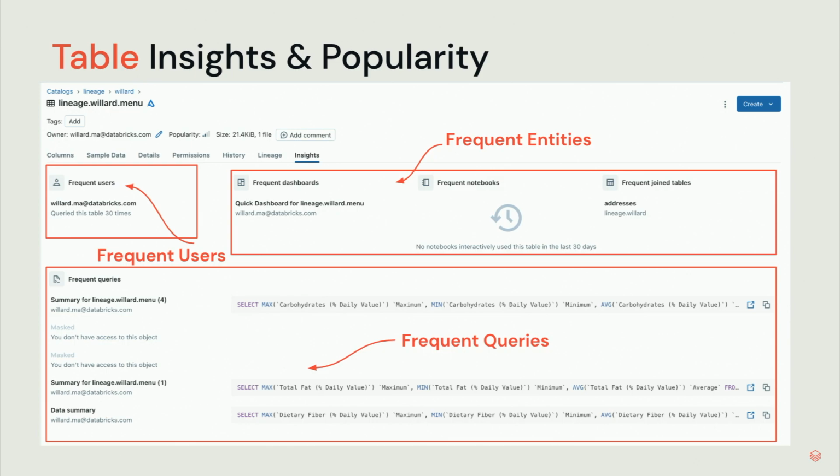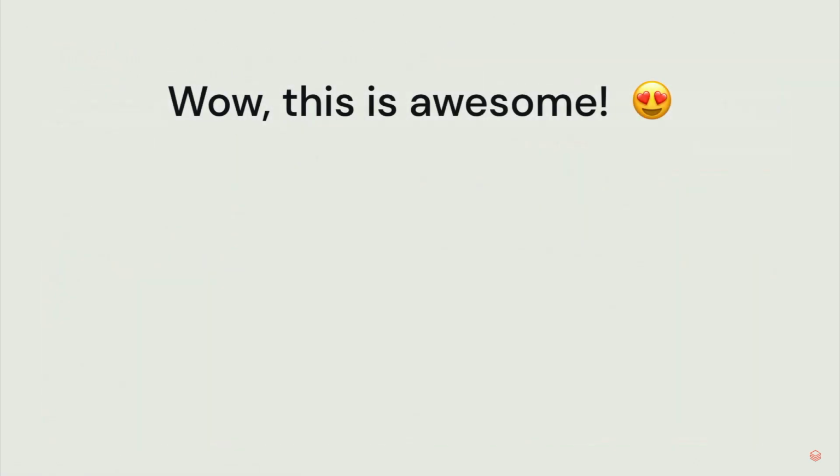And it's also incorporated with other Databricks products, such as the SQL Editor. Once you type a table in the SQL Editor, it will show the frequent join tables with their join keys immediately. This is awesome. Data lineage plus table insights.